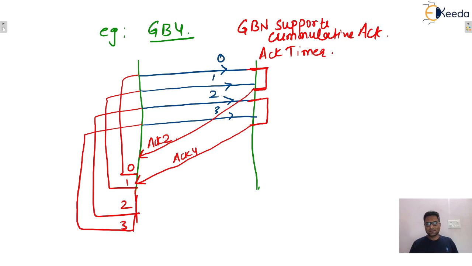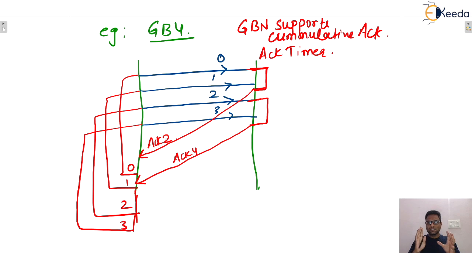So there is a concept of the acknowledgement timer to support cumulative acknowledgements. If the acknowledgement timer is too small, it will behave as an independent acknowledgement. If it is too high, there could be a possibility that the timeout timer at the sender side expires, so there will be a problem.